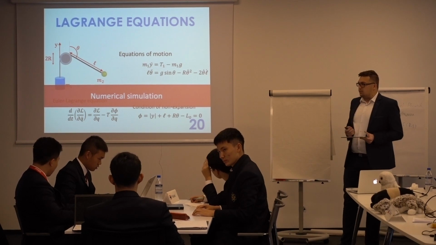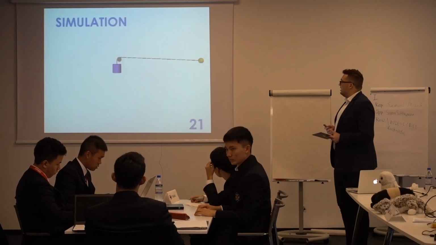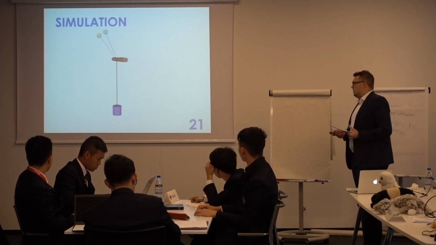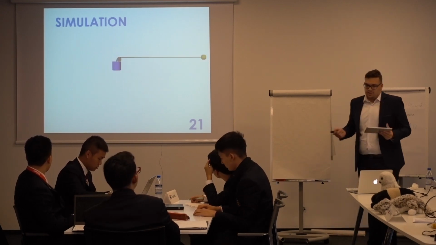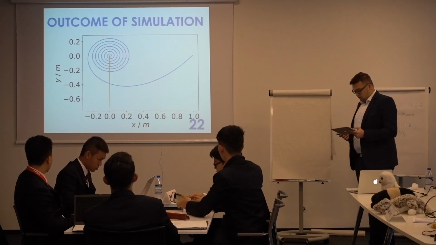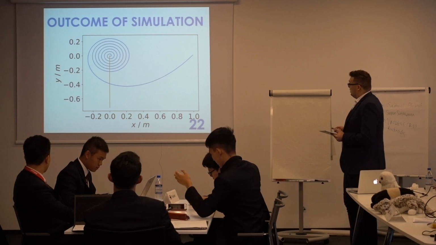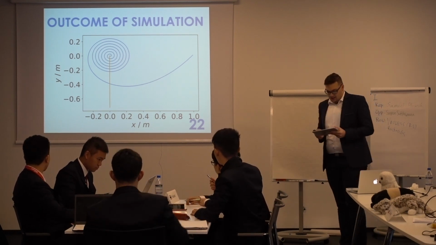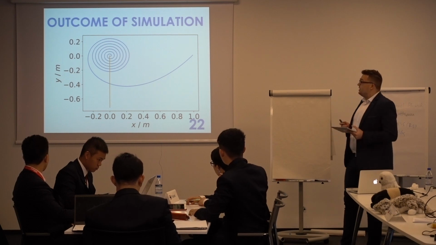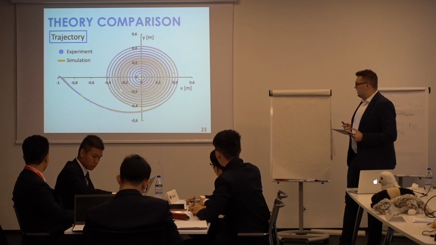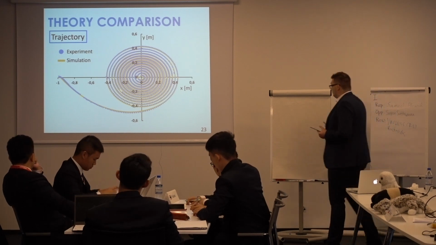So, we create our numerical simulation, and this is the typical outcome. We can see qualitatively that it behaves similarly. We can compare not only the trajectory qualitatively, but also quantitatively.